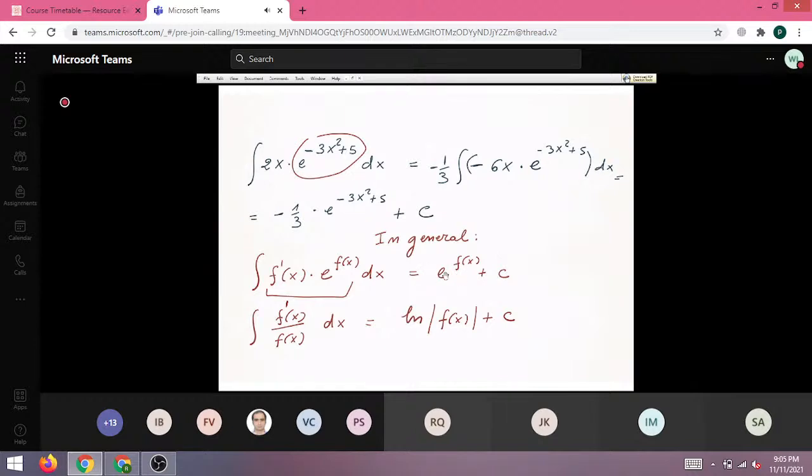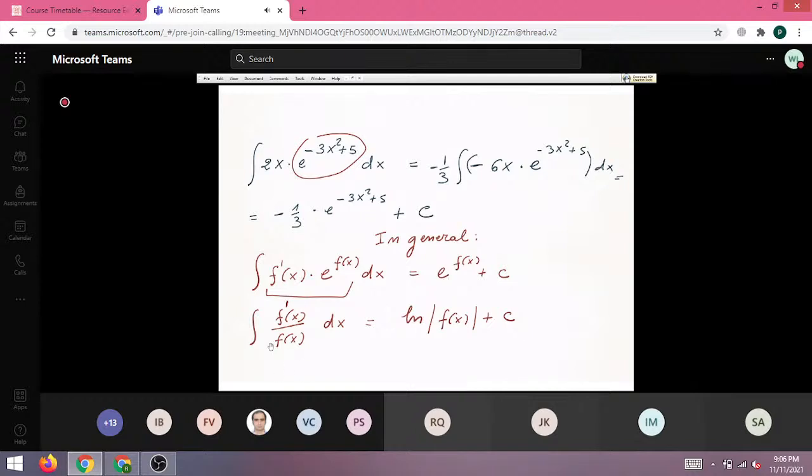You may have many different situations. For instance, this one, when we have an integrand that can be reduced to the expression f prime of x over f of x. This is clearly the derivative of the log of f of x, by applying the chain rule. The log of f of x becomes 1 over f of x times f prime of x.